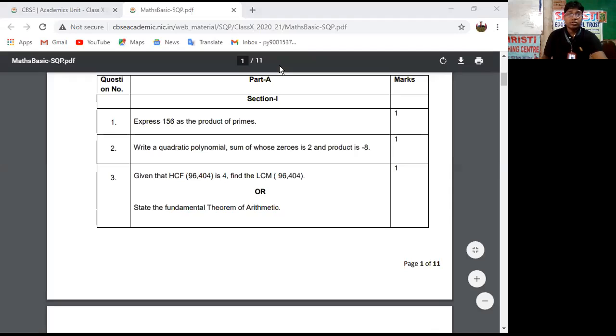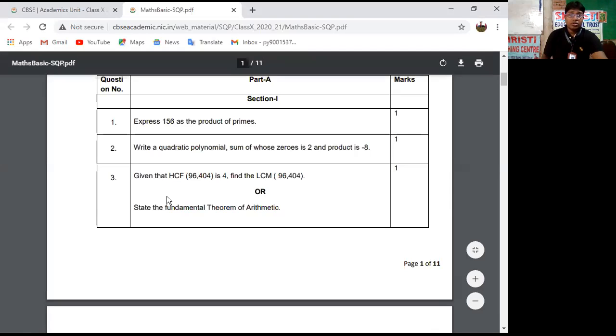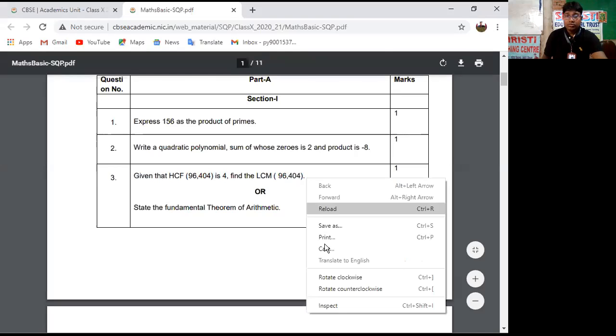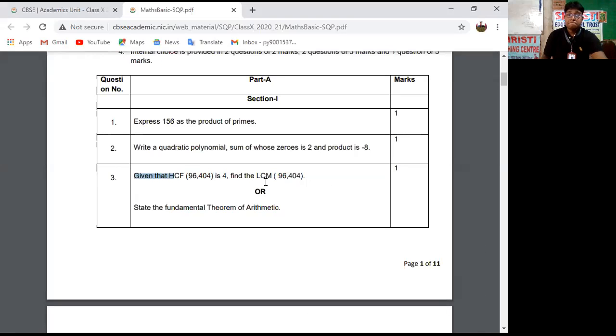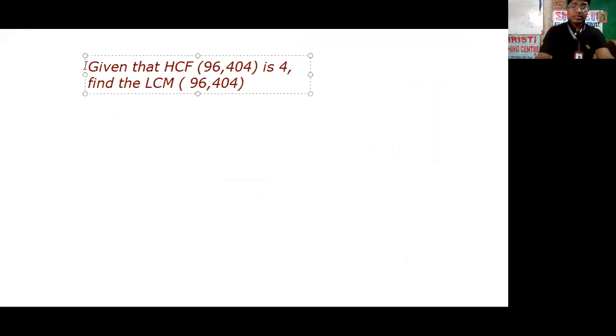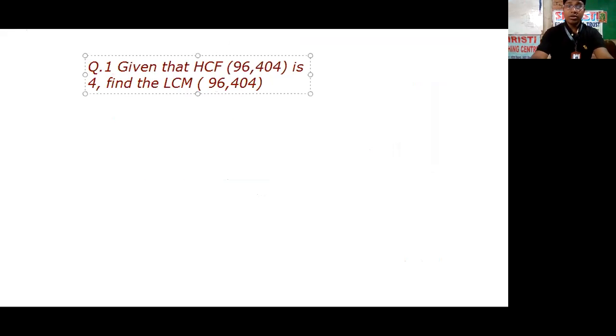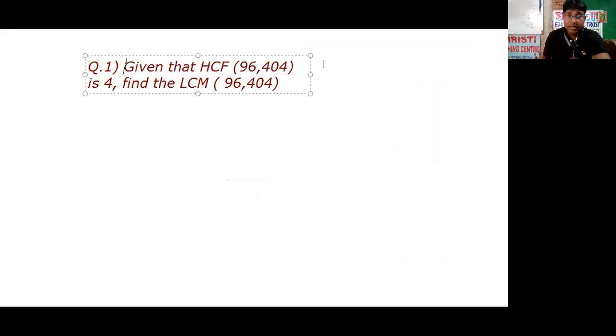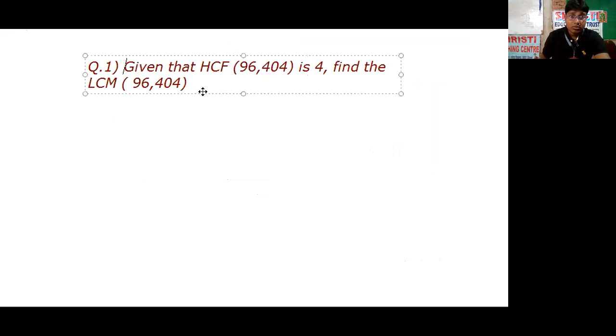This is the question: given that the HCF of 96 and 404 is 4, we have to find the LCM.